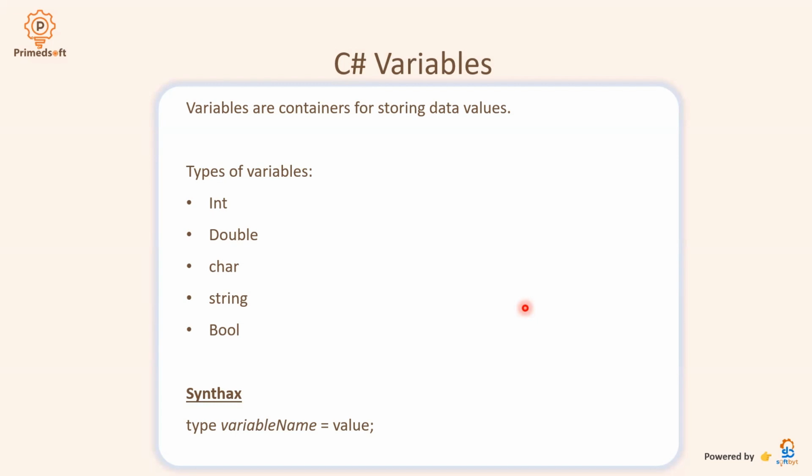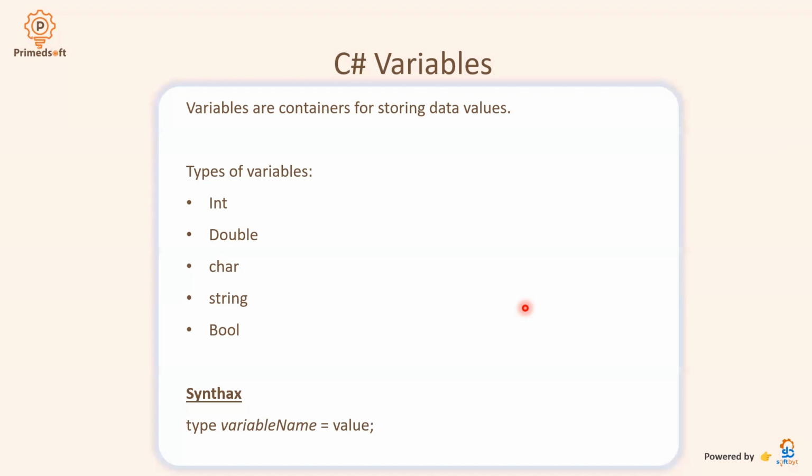Like I said, variables are containers that hold data values. So when you want to store your data in a variable, you need to know what kind of data it is, to enable you to store it in the right variable. If you store it in the wrong variable, it becomes an issue.